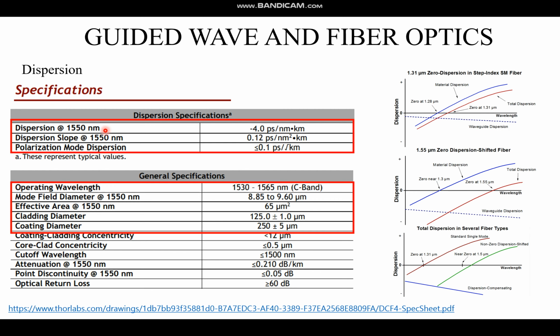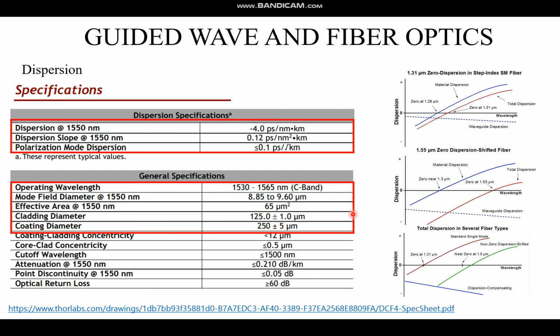Dispersion at 1550 nanometers is -4, and the operating wavelength is the C-band. They optimized these wavelengths, and the mode field diameters are 5.55, 8.5, and 9.60 micrometers, and the effective area is 65 square microns, with cladding and coating diameters like this.